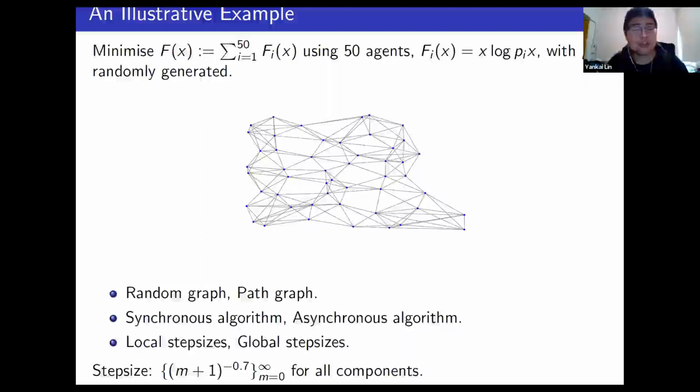The first one is a random graph shown here, of 50 nodes and 348 undirected edges. The other one is a path graph. If you don't know what a path graph is, it's 50 agents with 98 edges. So that's a connected graph with the least possible edges. In topology, it looks like a line.